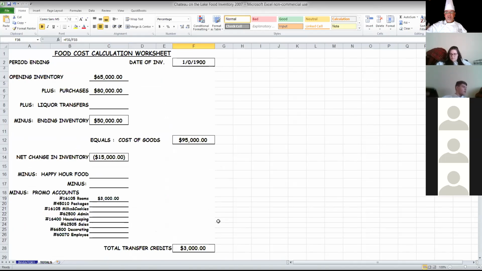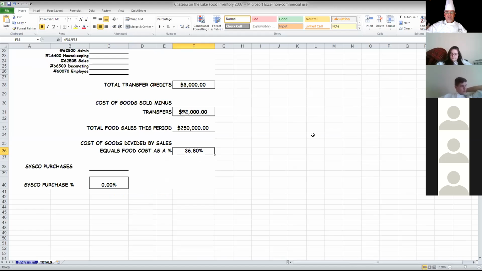You don't have to do it with a pencil and paper or download the software. It's already here. It's there for you guys to figure it out, okay? So when you're asked what kind of food cost percent are you running, you should know off the top of your head. Last month I ran at 32%, at 36, at 34, at 30% food cost, okay? That's the beautiful part about that inventory.